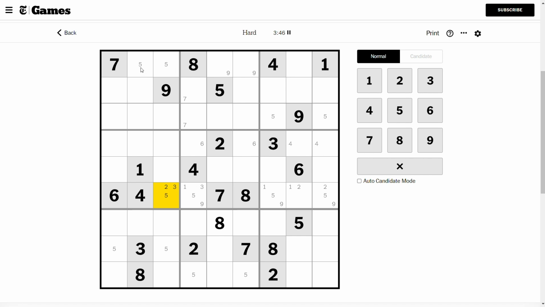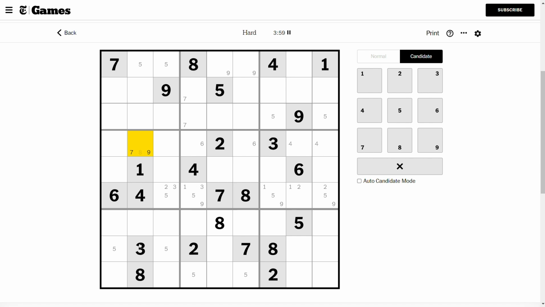Oh, okay, so I see that in column 2, these three open cells see 7 and 9, and 7 and 9 are still missing digits of column 2. So they have to go into the other two cells, and these two cells form a 7-9 pair.